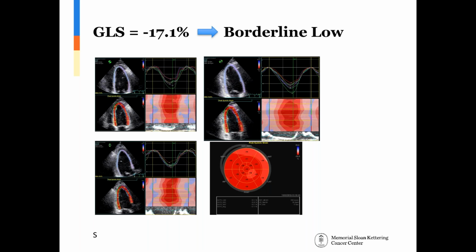Obviously I've chosen these images for the presentation, but I would say that in the order of 90% of patients, we are able to get a global longitudinal strain, may not be as beautiful as the one I'm showing now, where we feel it's reliable. So I think a lot of it is training.